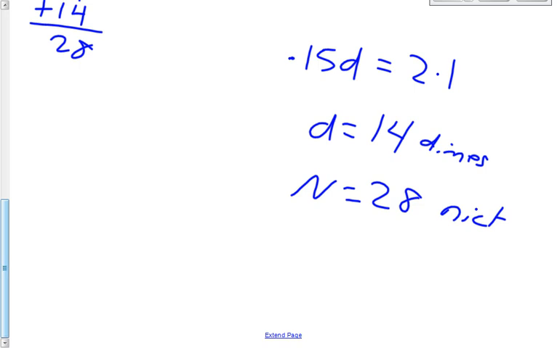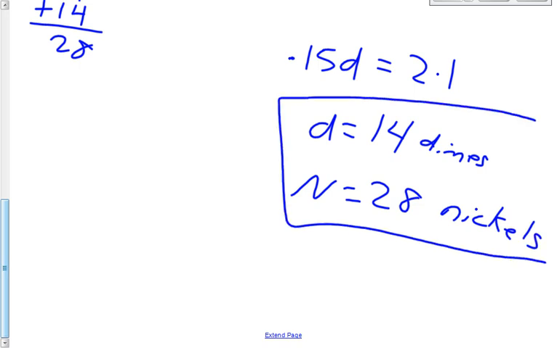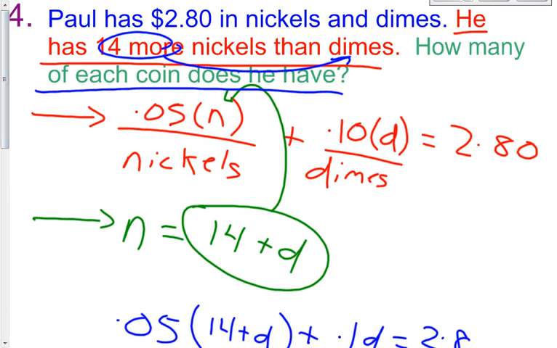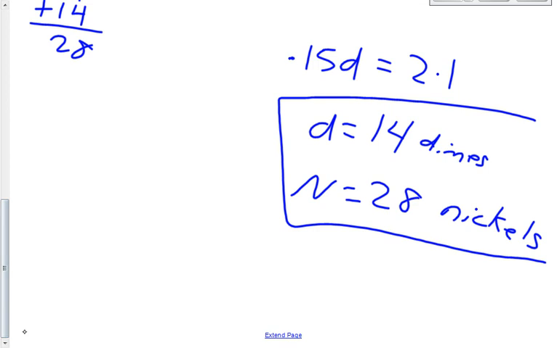What's also nice on these ones is that you can check every single one of these problems to make sure that you've done it right. If he only has dimes and nickels and he has $2.80, well, how much money does he have in dimes? If he has 14 dimes, that's $1.40, isn't it?